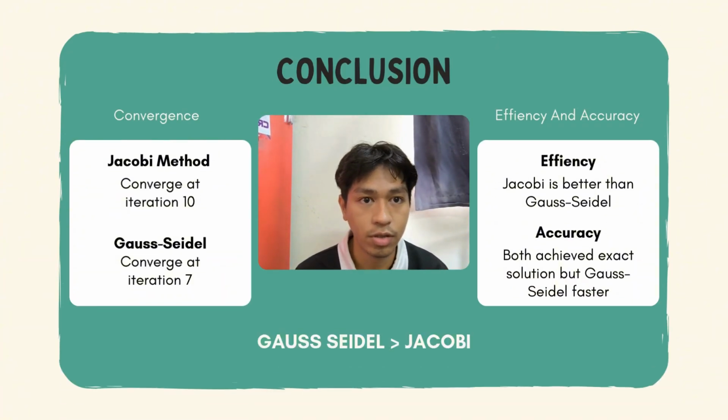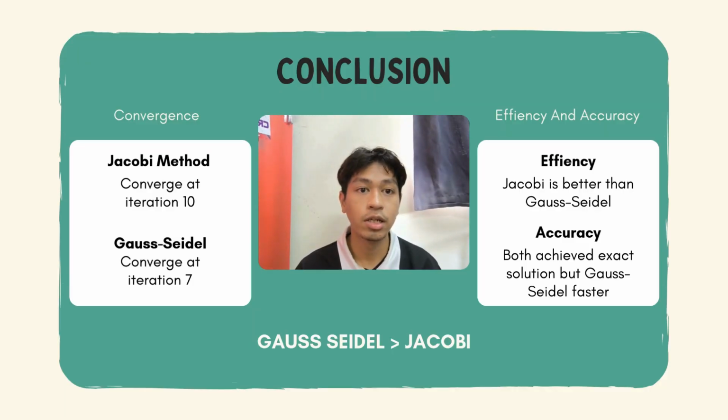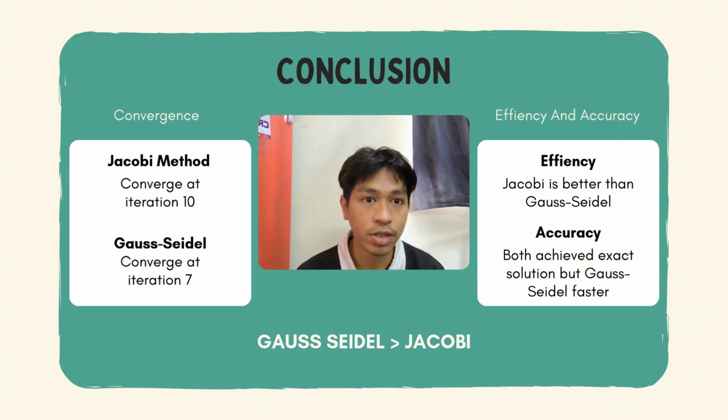Alright, for the conclusion, we look at 3 main aspects, which are convergence, efficiency, and accuracy. First, the convergence. The Jacobi method converges at iteration 10, while the Gauss-Seidel converges at iteration 7. So, you can say that Gauss-Seidel converges faster than the Jacobi method.